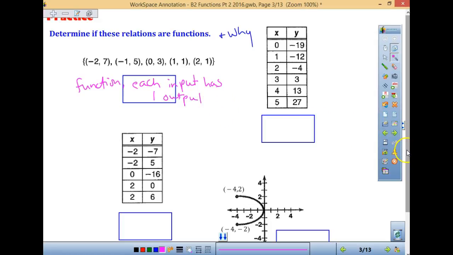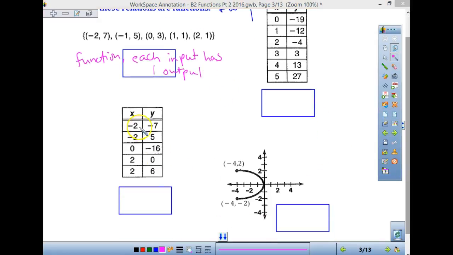Now, if we look at the one below this, notice negative 2 has negative 7 and 5. 2 has 0 and 6. So this one, not a function. And if I was asking you why, you could tell me the reason is because negative 2 and 2 have two outputs.